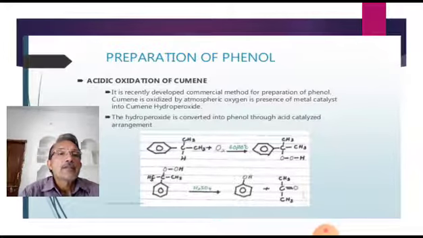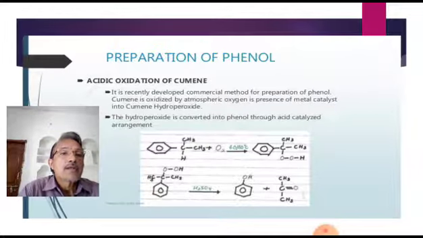It means preparation of phenol is carried out in two steps. First step is preparation of cumene hydroperoxide. Second step is treatment with sulfuric acid. So in the first step, cumene is oxidized by atmospheric oxygen in the presence of a metal catalyst, giving rise to cumene hydroperoxide.